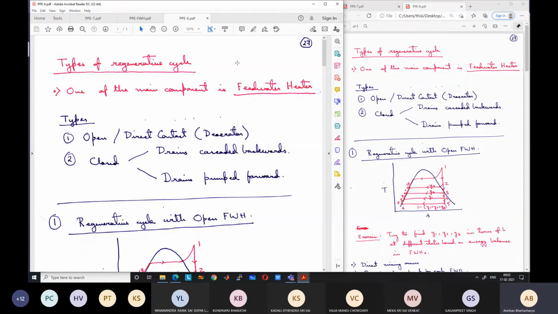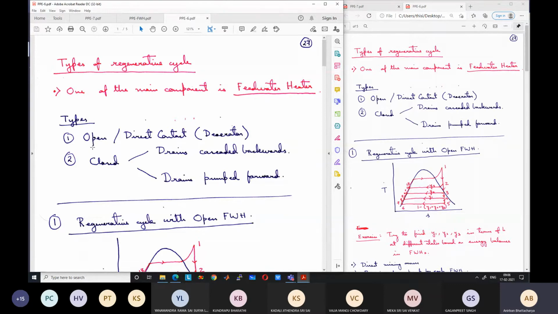Okay. So we were discussing the regenerative cycle. And the main component, apart from the other components that are present in normal steam turbine cycles, the additional main component is the feed water heater. Okay, and there are two types of feed water heater. We have not yet discussed them in detail, but we have discussed that there are two types.